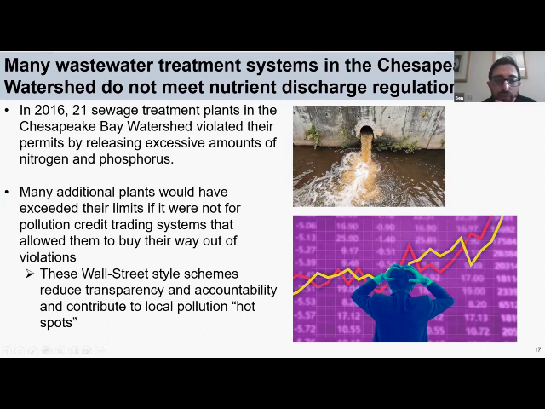But we also do this with nutrients. If a wastewater treatment plant is releasing a lot of nutrients, and another wastewater treatment plant a watershed over is well below their nutrient regulations, they can credit how far below they are and sell those to the plant that is above, which is just ridiculous, I think.